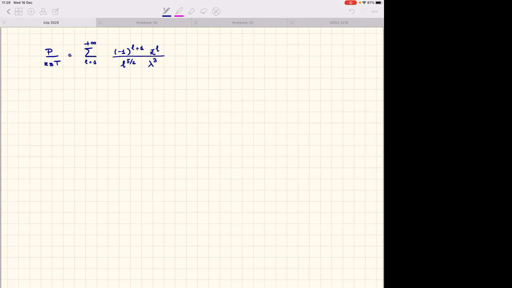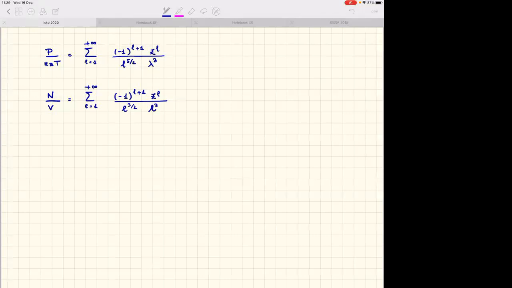So this is the first equation. And the second equation is n over v equal to sum over L from 1 to plus infinity of minus 1 to the L plus 1 z to the L, and then I will have L to the power 3 halves, lambda cube.